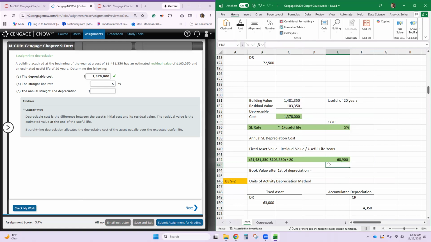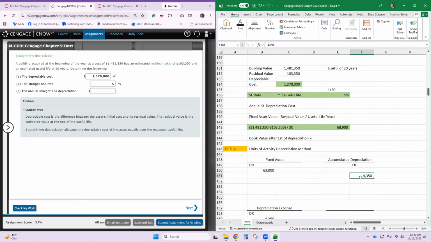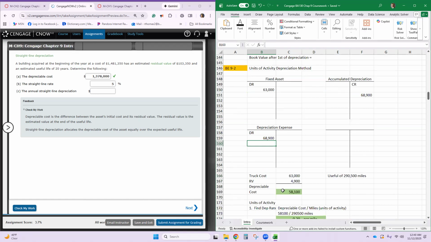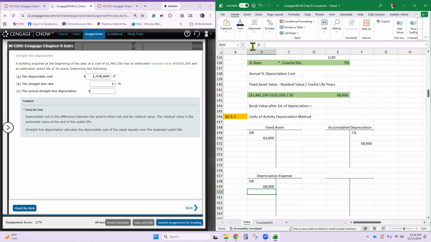Yep. All right, so it looks like every year for the next 20 years, if nothing changes, we will be doing an adjusting entry for $68,900. And then it will go in here, $68,900.